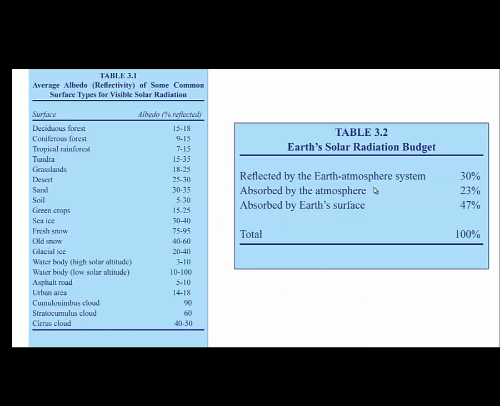Now here's a table. This is also in your textbook, just to give you an idea of some of the albedos of different types of surfaces. So you look down to fresh snow here. Fresh snow surface can have albedo as high as 95%.